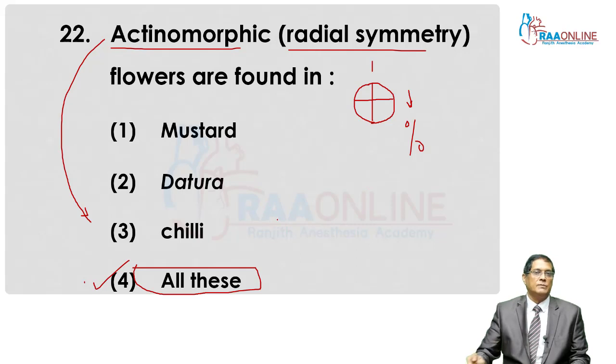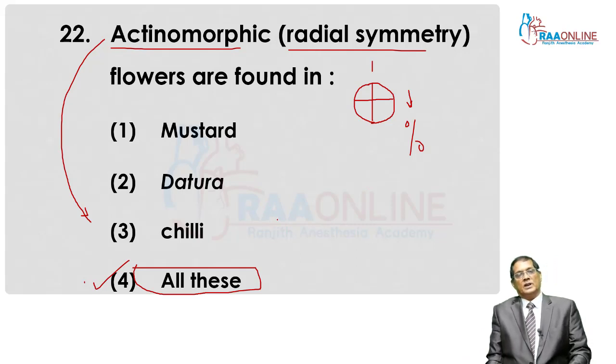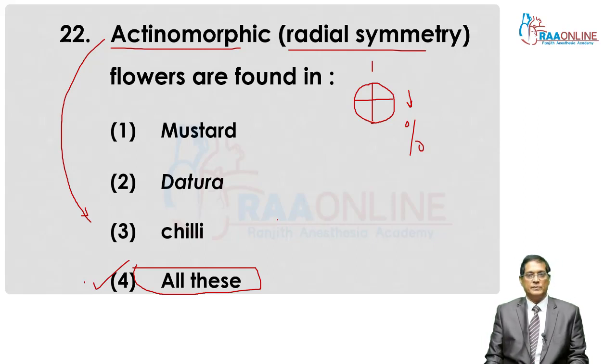That is, if a flower can't be divided into two equal parts from any vertical plane, then it is called an asymmetrical flower.